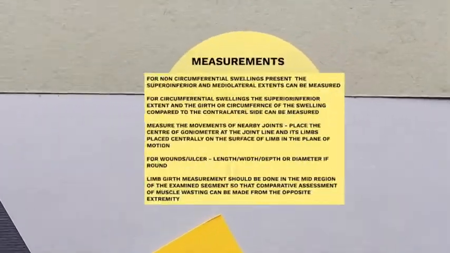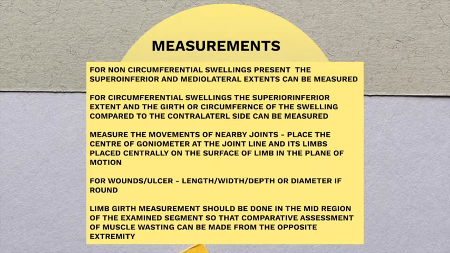Then coming to measurements, for non-circumferential swellings, we have to tell about the supra-inferior and mediolateral extent of the swelling. For circumferential swelling that are enveloping whole of the limb on all sides, we can tell about the supra-inferior extent and can measure the girth or circumference of the swelling and compare that with the normal limb. And then we have to measure for the limb movements, that is the joint movements, proximal and distal to the swelling.